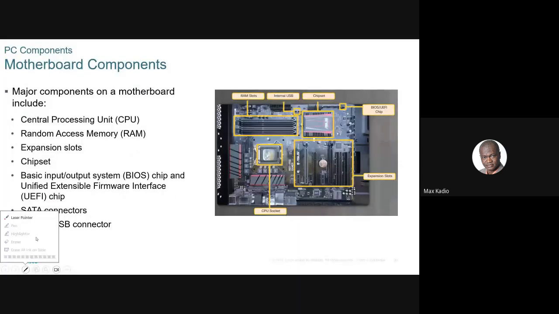So on the motherboard, you have the expansion slot, you have the BIOS, you have the chipset, you have the RAM. The RAM is this device to allow you to view, to display something on your screen. If you don't have them, nothing will get displayed on your screen. So these are a few components of a motherboard that you should know.